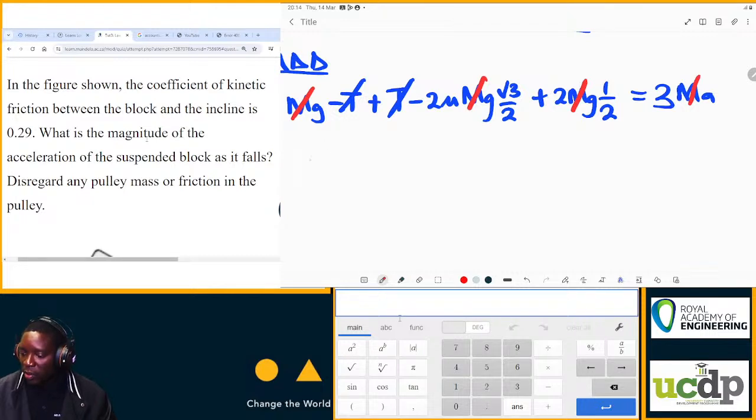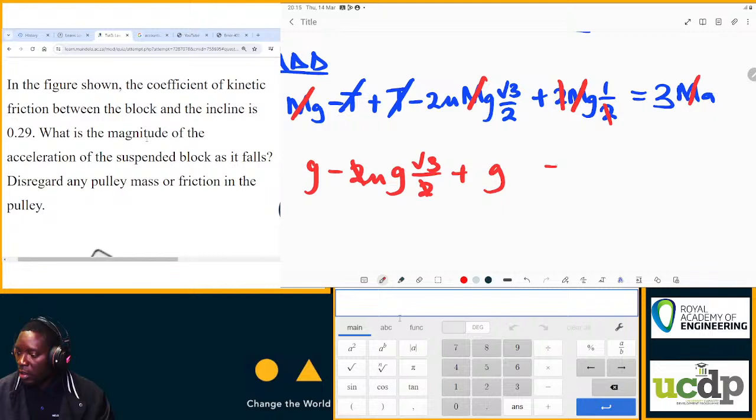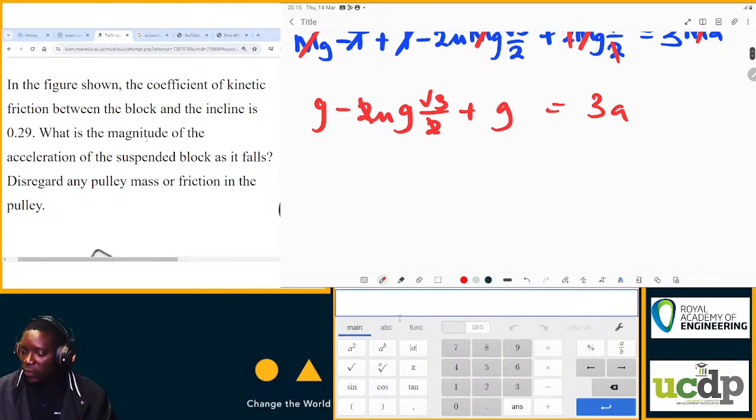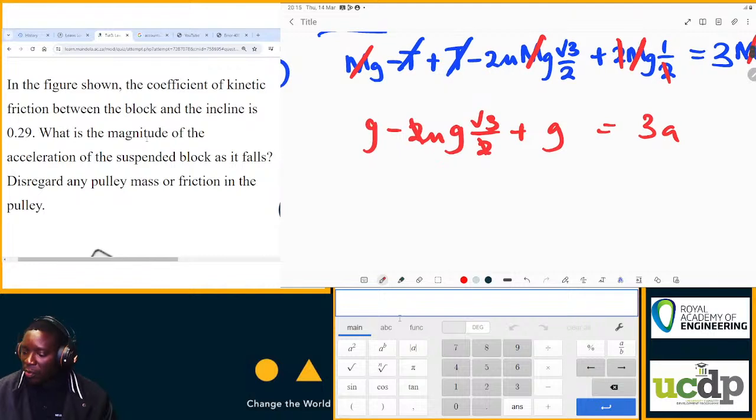What we remain with is g minus 2 mu g root 3 over 2, where we can cancel out this 2 and that 2, plus this and that can cancel out, which is plus g again, equals 3a. The value of mu was given there, 0.29.